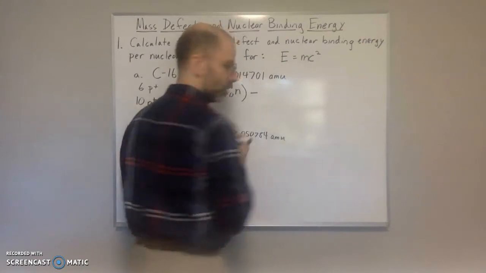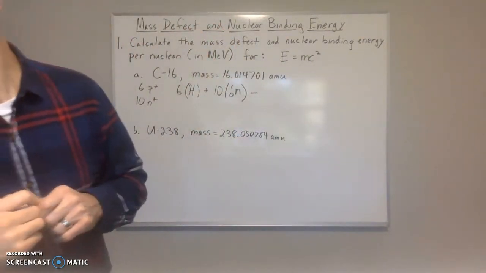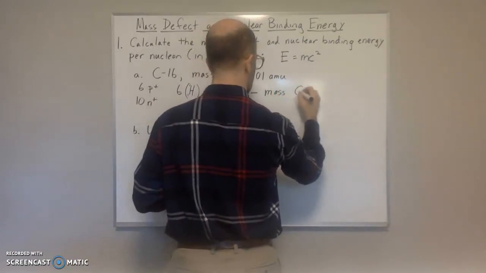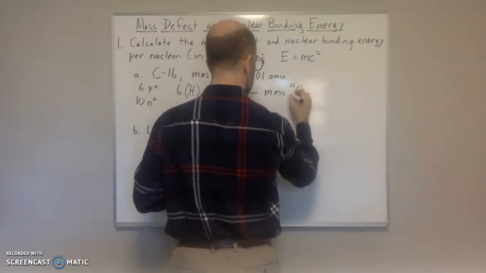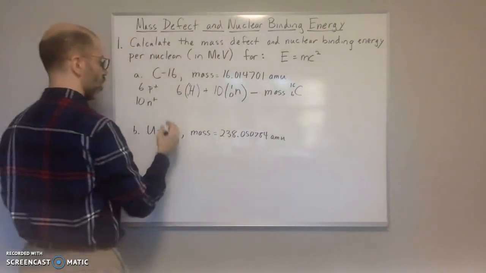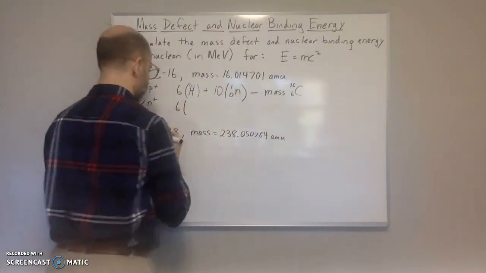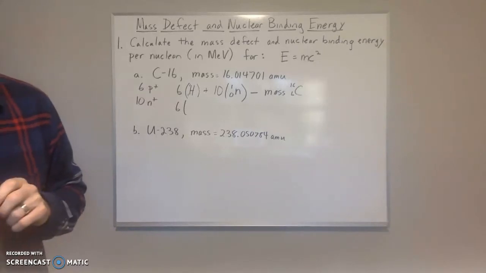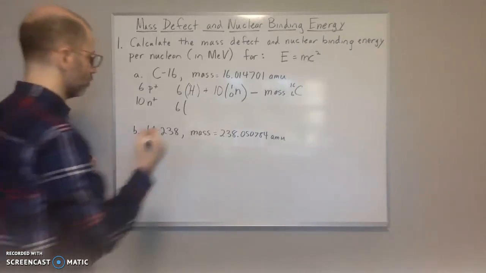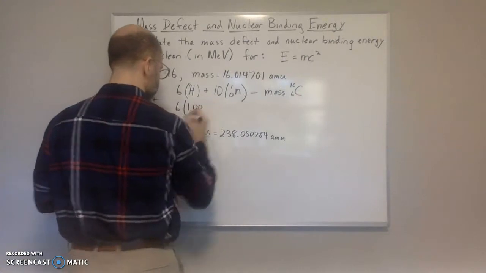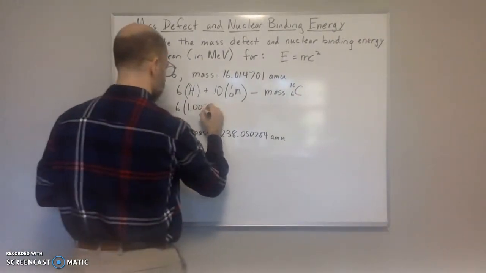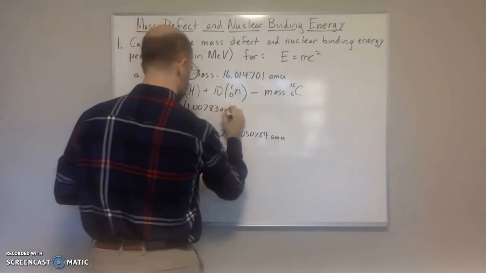So let's see, how should I write that? Oh yeah, the mass of carbon 16. And so when we do this, we put in the mass of our nucleus of the proton, 1.00783 AMUs.